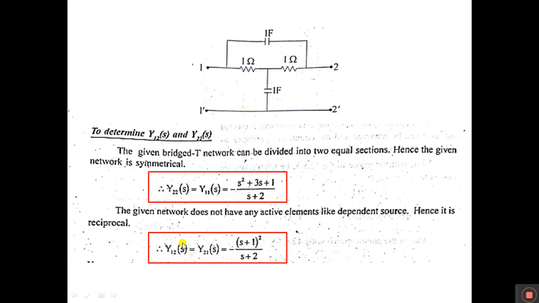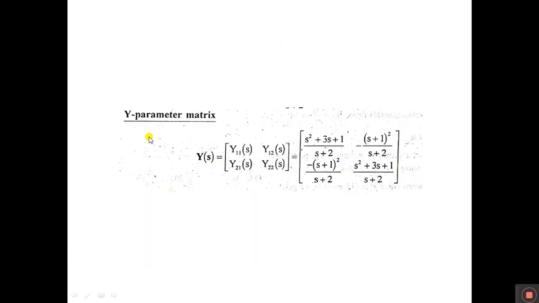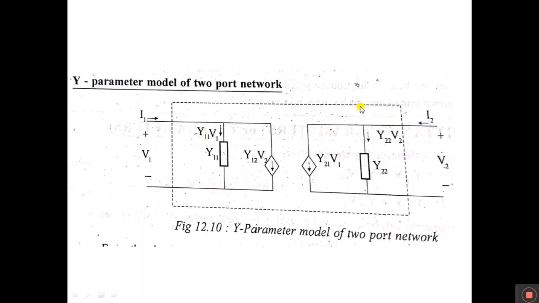Similarly Y12 equals Y21, both are the same because of symmetry. Very simple problem. So finally, the Y parameter matrix is this one. This is the Y parameter model for a two-port network. You just remember this. Sometimes in 2 mark questions, they may ask you to draw the Y parameter model for a two-port network.